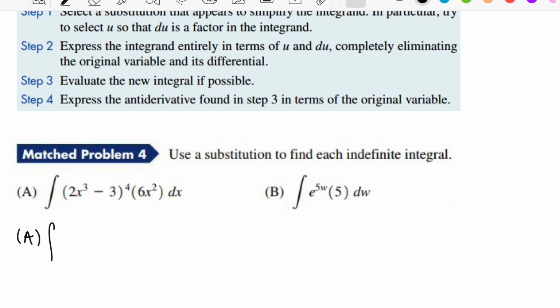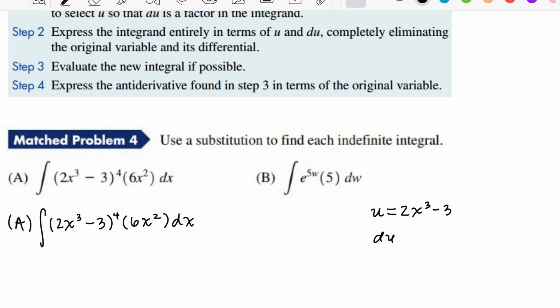For a here, we have this here. Sorry that these screenshots are a little blurry. All right, so we want to integrate this. And so notice we have this composition of functions here. I'm going to let u be equal to 2x cubed minus 3.